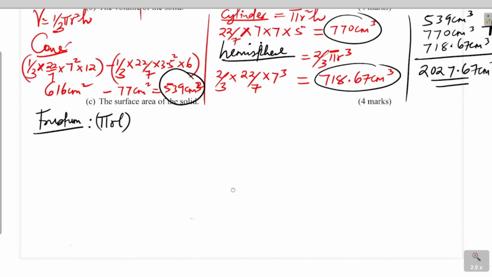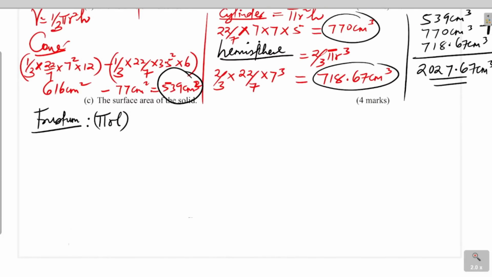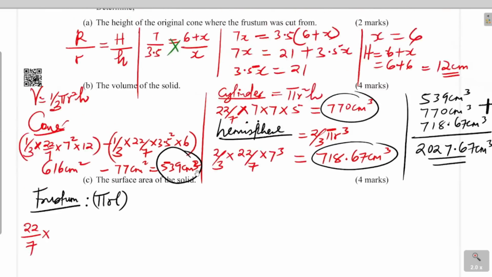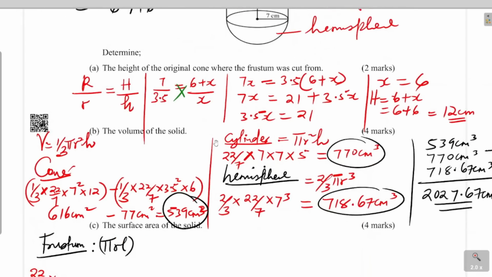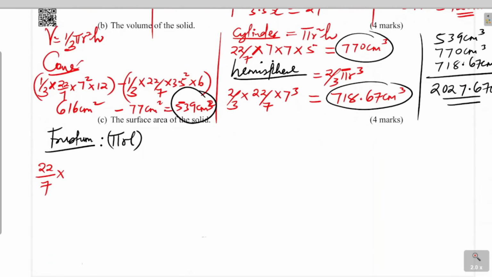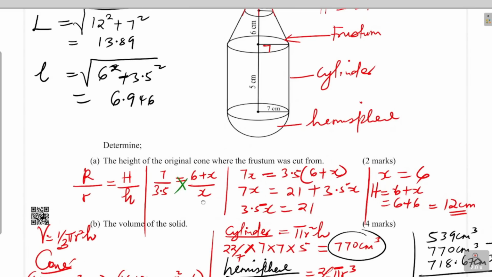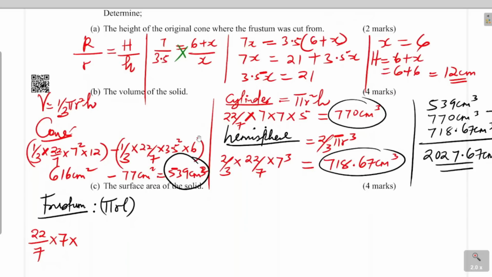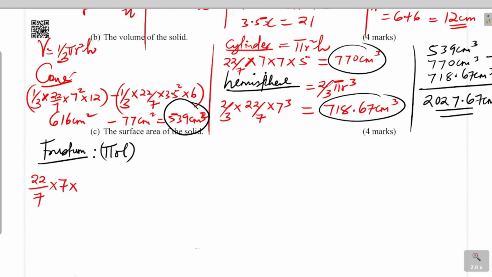So now to get the surface area of the first term, we're going to get the surface area of the bigger cone, which is given by pi times r, the radius of the bigger cone, which was 7, times the slant height of the bigger cone, L, that is 13.89.